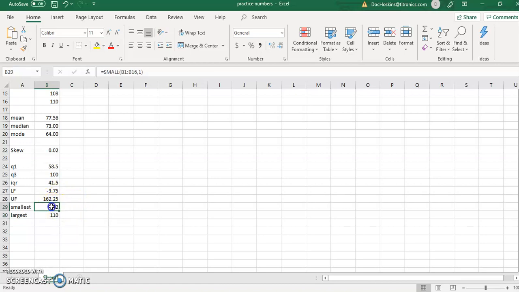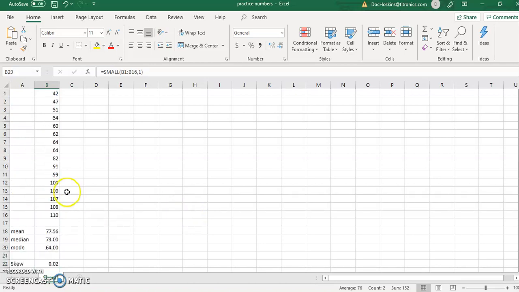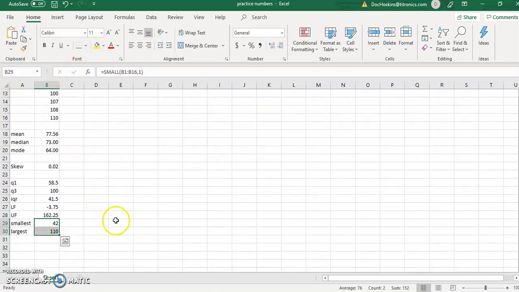So these two numbers, 42 and 110, represent the smallest and largest in our data, but our limits or fences are here, and our smallest and largest are within the fences, so no outliers.